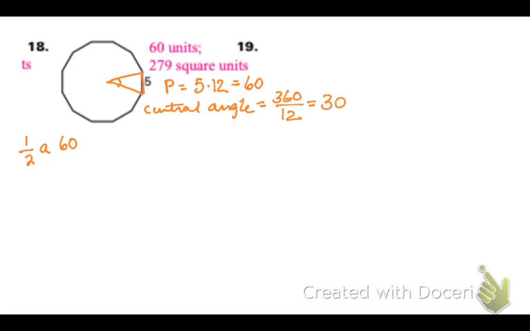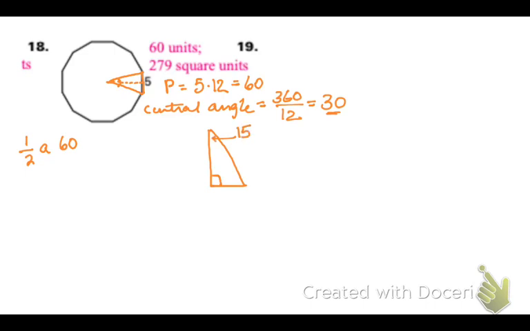So my little triangle, remember, this little triangle here is half of 30. So that's going to be equal to 15.